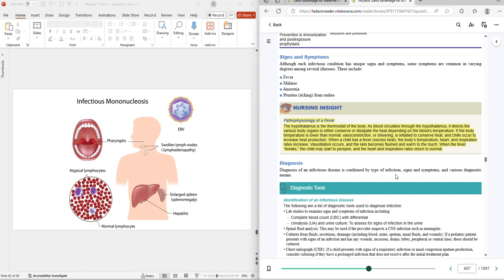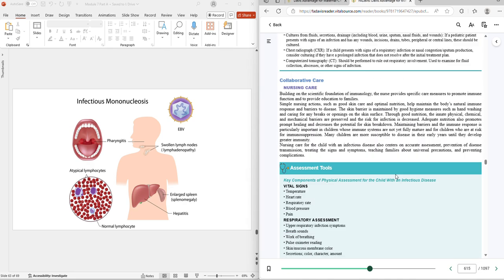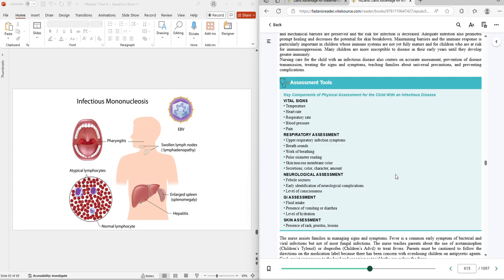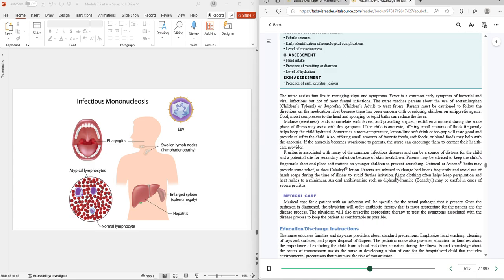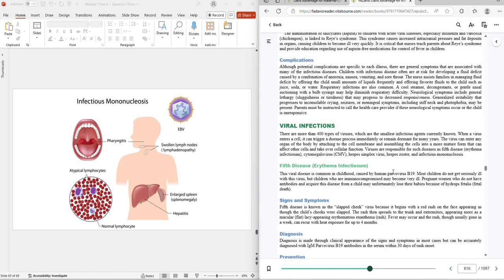Viral infections on page 616. We're going to talk about fifth disease, erythema infectiosum. Pregnant women cannot be around anybody with fifth disease, okay?